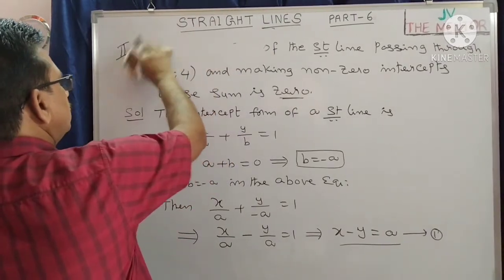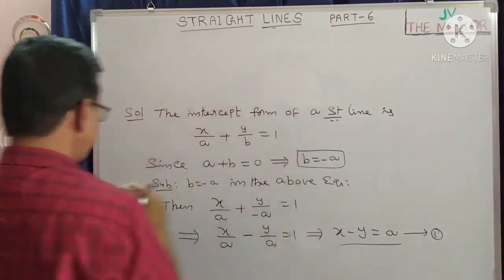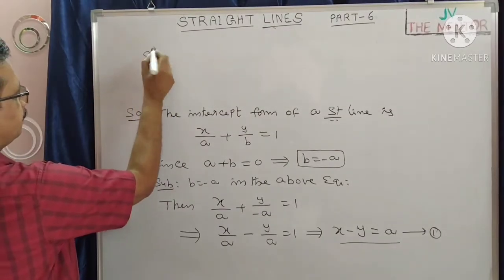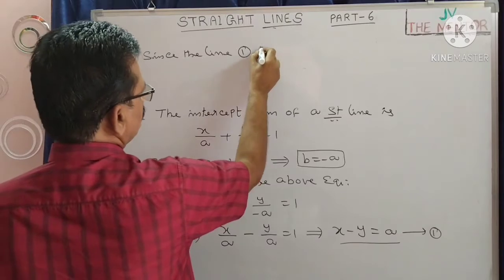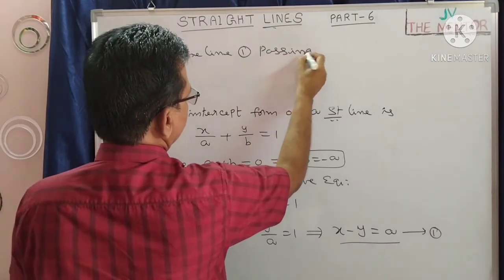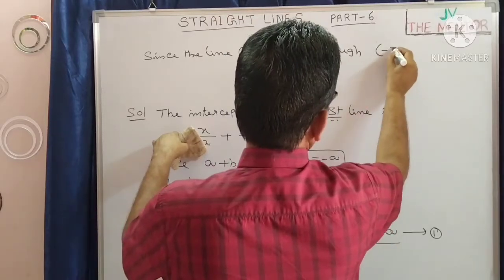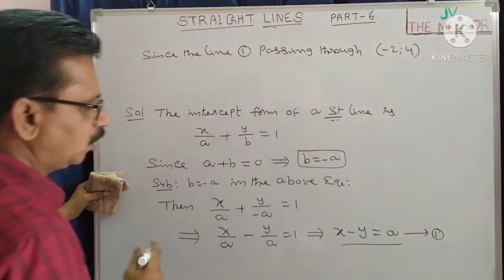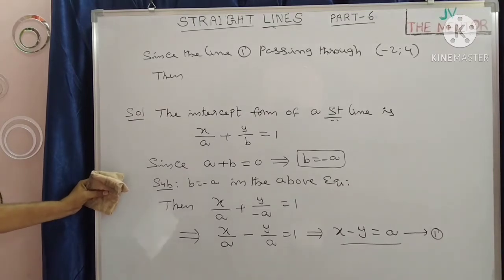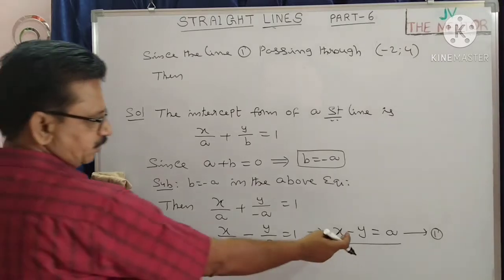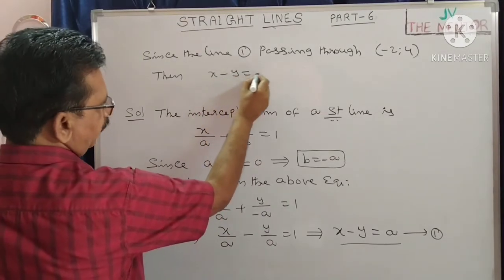So since the line 1 is passing through the point minus 2, 4, then we have minus 2, 4, which is the point. Substitute minus 2 in place of x, and substitute 4 in place of y. Then x minus y equal to a.